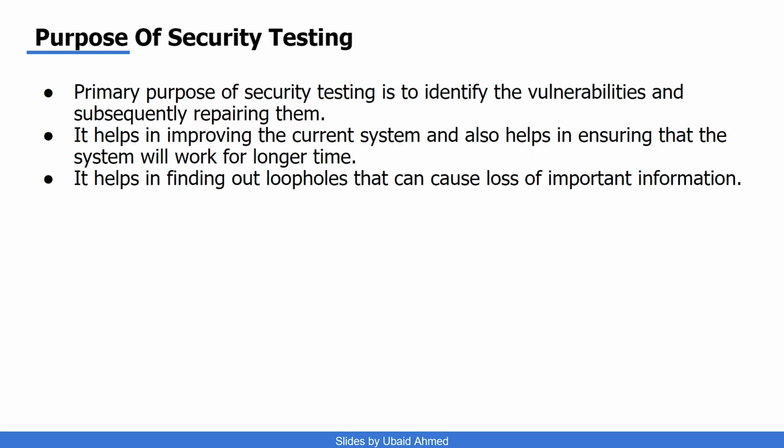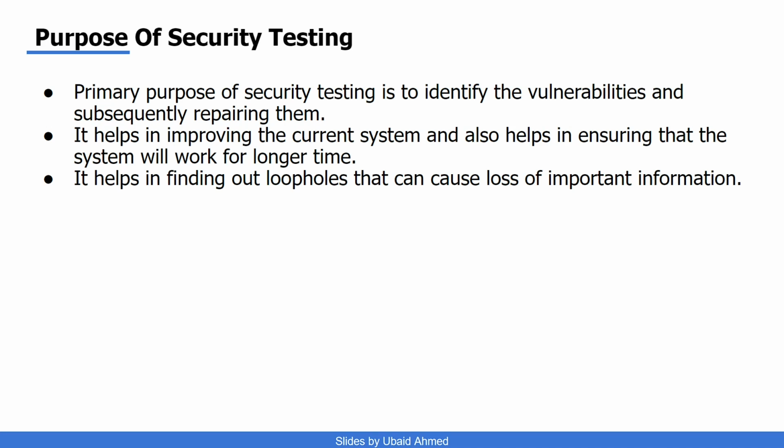There are different other things as well why we perform security testing. Many reasons are there, but the primary purpose of security testing is to identify the loopholes or the weaknesses present in the application, and also remediate them. The loopholes and weaknesses, if they are present in an application, are known as a vulnerability.